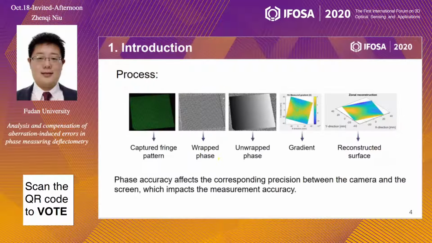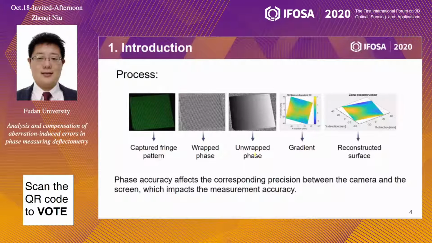In the deflectometric process, the camera first captures the distorted fringe patterns reflected by the surface under test. Then, the wrapped phase can be retrieved by using the four-step phase shifting method. By using the multi-frequency method, the unwrapped phase can be obtained to calculate the pixel correspondence between the camera and the screen.